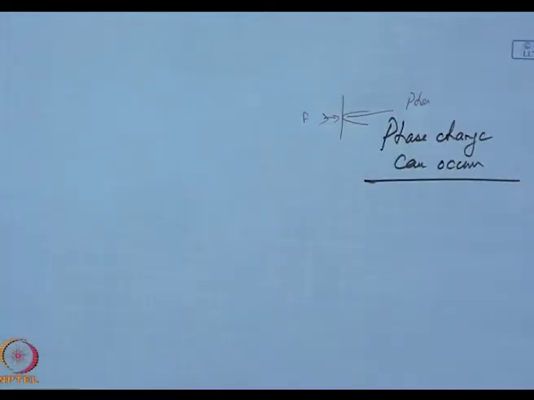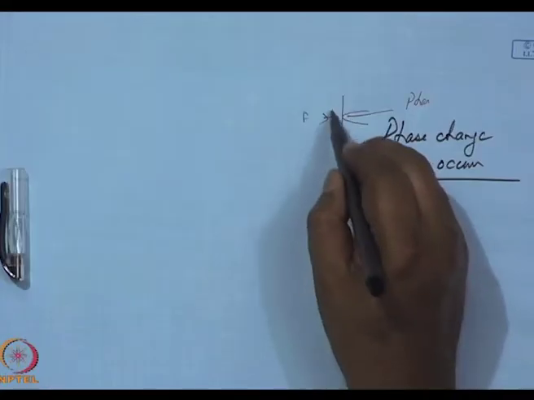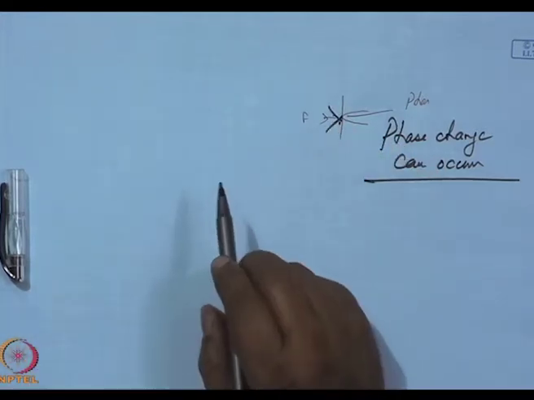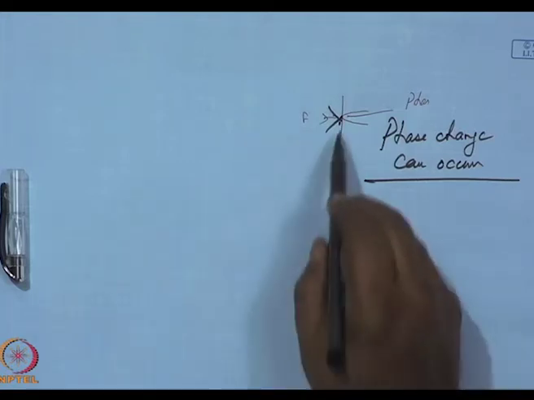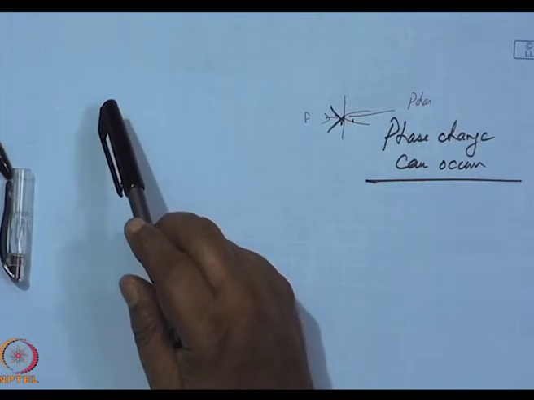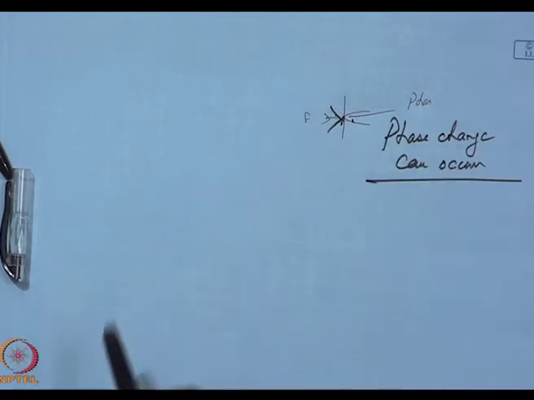Now, whenever there is a phase change, it is obvious that energy will have to be supplied. Hence, if the crack comes up against this, firstly there is deflection, no doubt, but not only deflection: if this particular grain undergoes a phase change, then crack propagation will require more energy, and hence this phase change will prevent the crack from propagating.